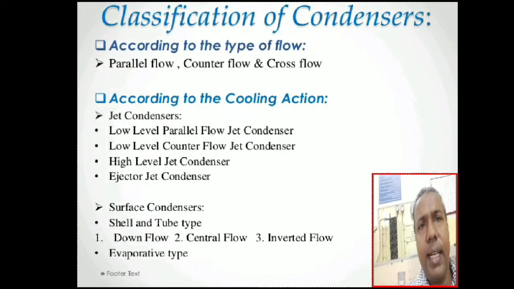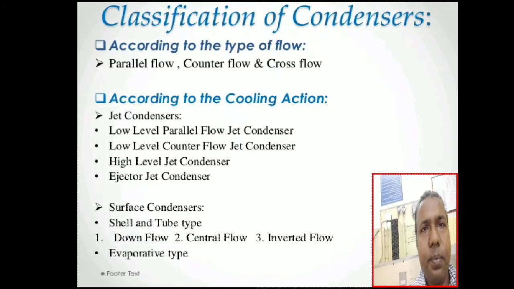The jet condenser is further classified as low level parallel flow jet condenser, low level counter flow jet condenser, high level condenser, and ejector jet condenser. And the surface condenser is classified as shell and tube type and evaporative type. So these are the classifications, and we can use a condenser as per our requirement.